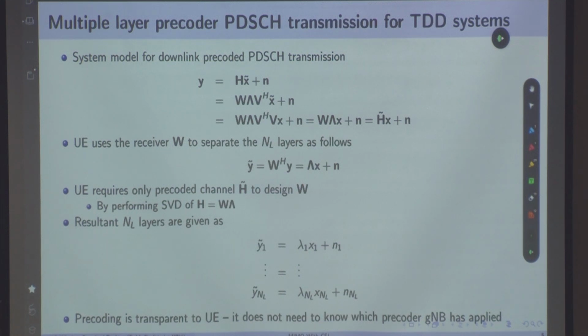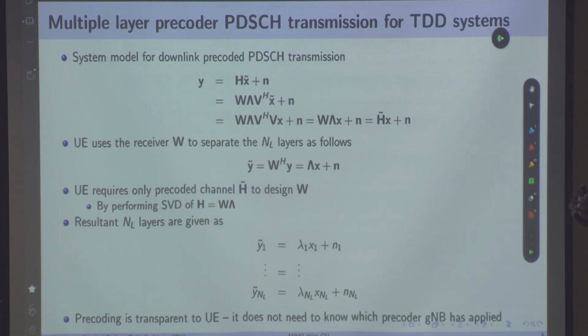See, this is just to give you an example of how the base station designs the precoder. It had the actual channel information, H, and did the SVD of it. I have not told you, but for this kind of system, SVD is basically the best precoding to do, it achieves the capacity.